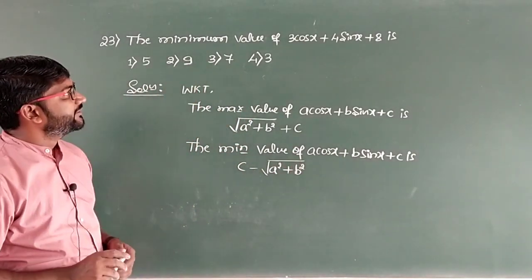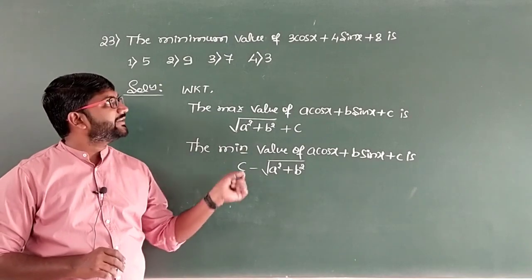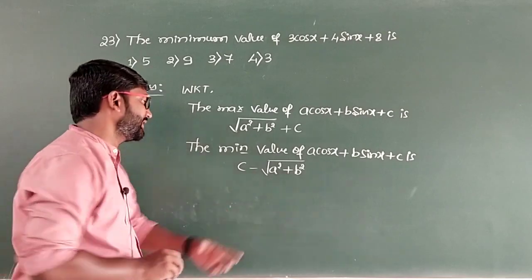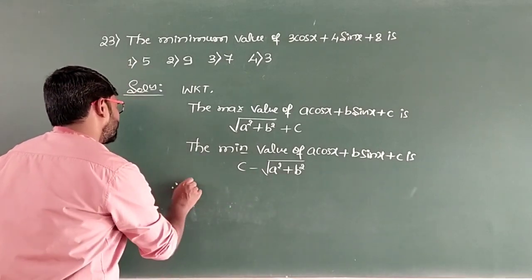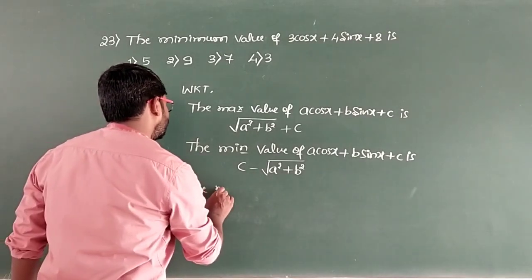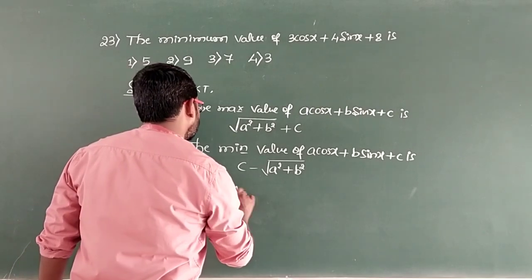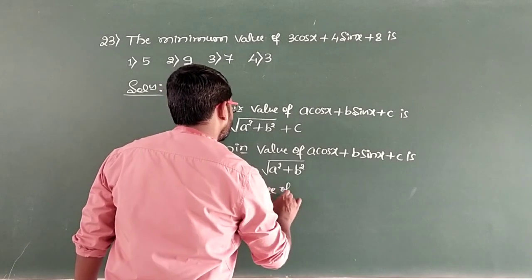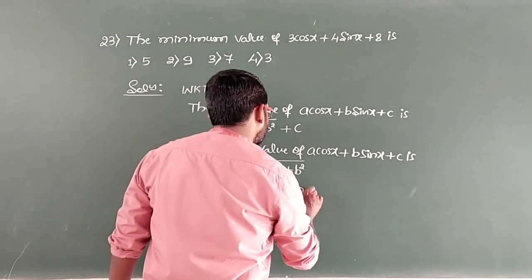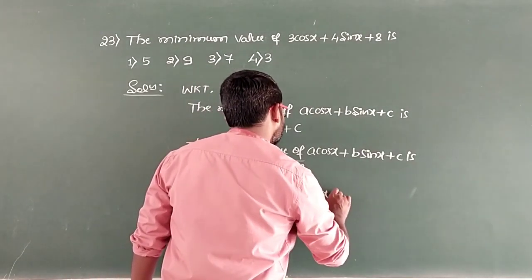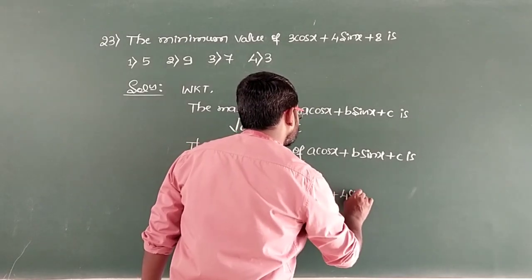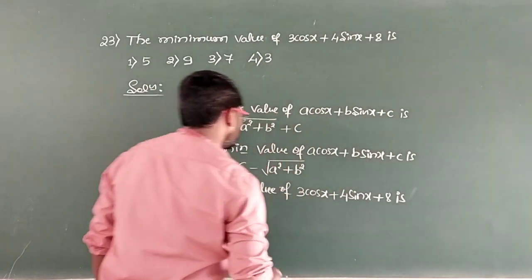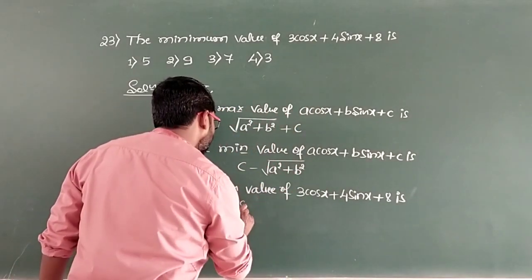Now observe the given question. Now it is in the form of a cos x plus b sin x plus c, and we have to find the minimum value. That means we will have to make use of this formula. Therefore the minimum value of 3 cos x plus 4 sin x plus 8, c means it is 8.